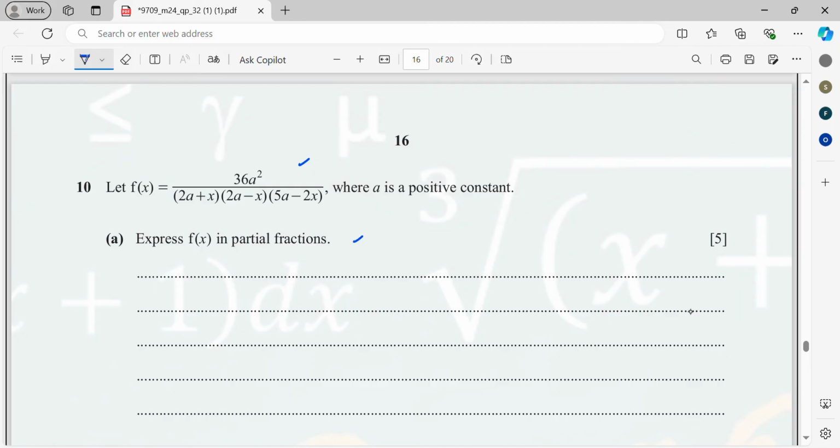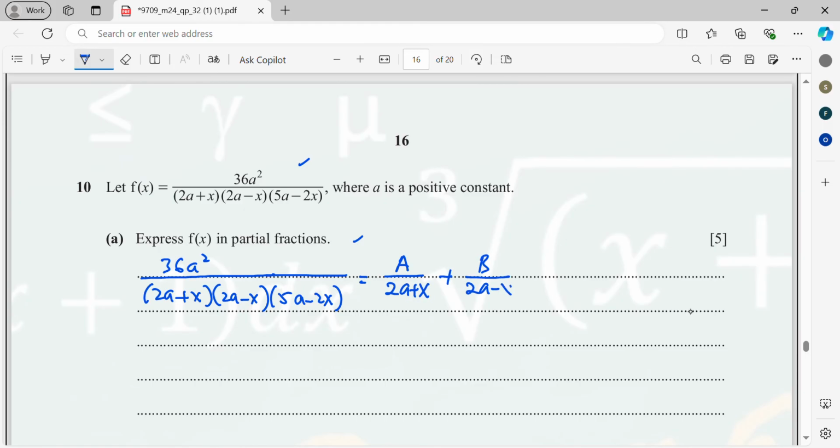So then I will get 36a squared over (2a plus x)(2a minus x) multiplied with (5a minus 2x). Then now, since the denominators are all linear factors, I will just write A over the first linear factor, plus B over the second linear factor, plus C over the third linear factor.